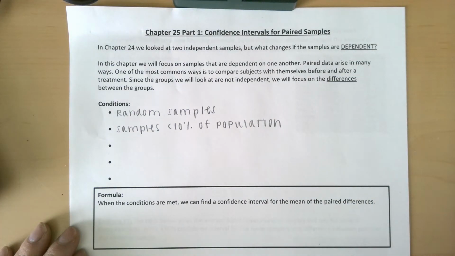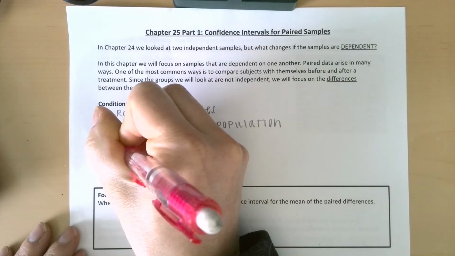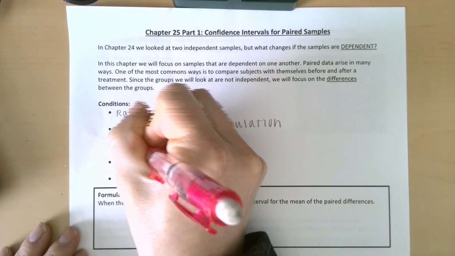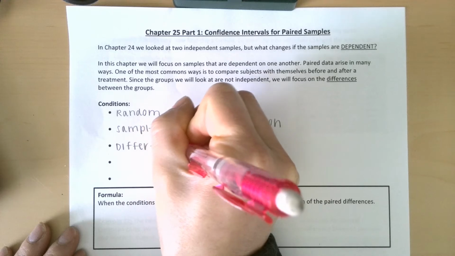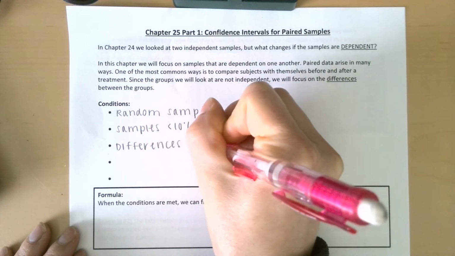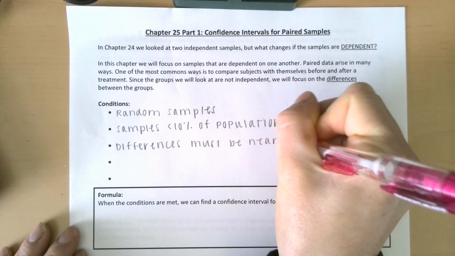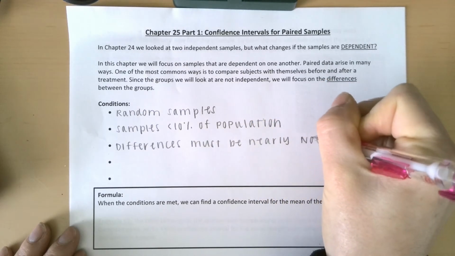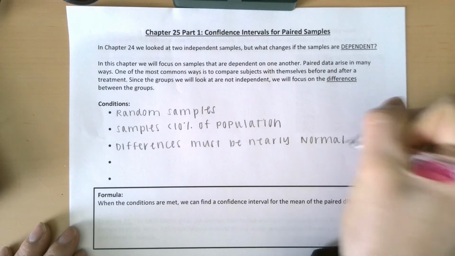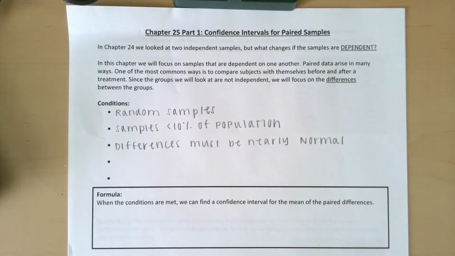We're still going to look for nearly normal. This time we're going to look at the differences between the two groups, so the differences must be nearly normal. Those three should sound very, very familiar. They're almost the exact same as what we've seen in the past.